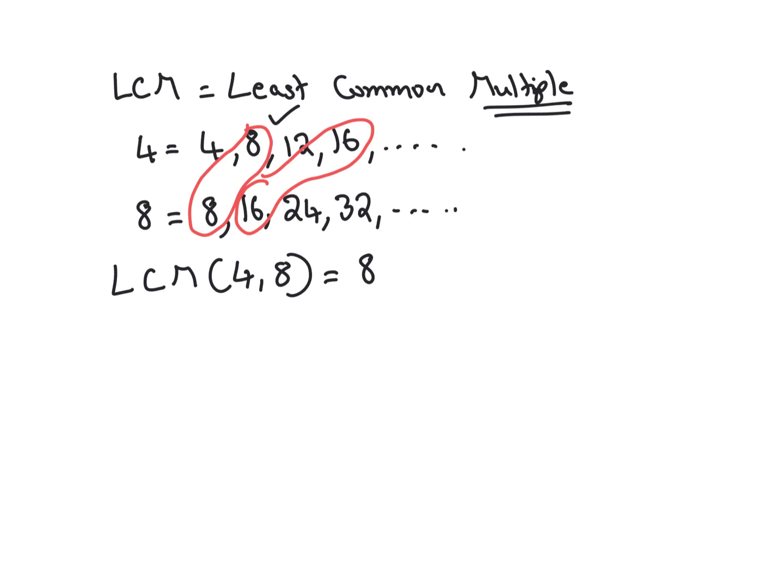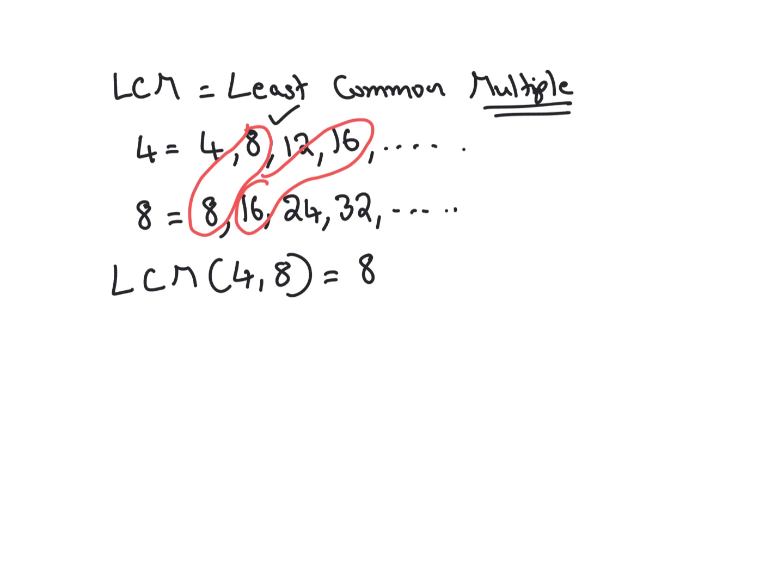You will list down the multiples of each number, then figure out the common multiples in all the three numbers, and then pick up the least common one. It's a tedious process.